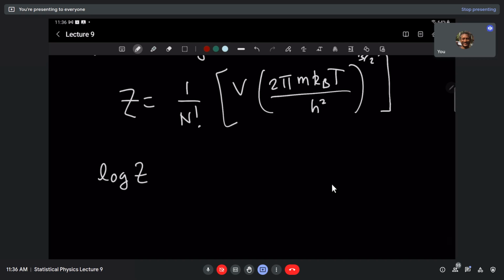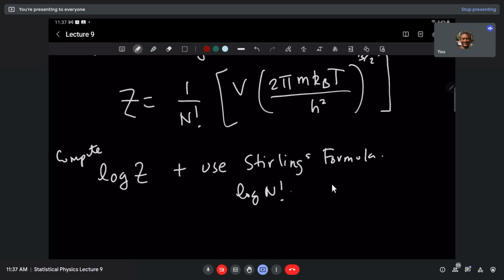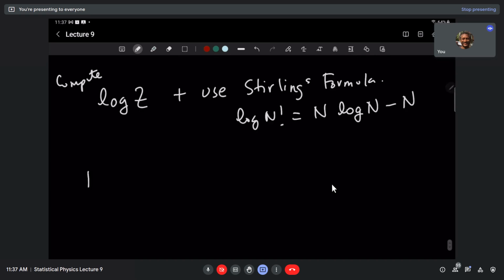So you compute log z, then use Stirling's formula. It says that we'll take logs, right? So log n factorial. What is log n factorial? n log n minus n, right? So this is what you should plug in. And then you can go ahead and you'll get a formula for the free energy by multiplying by kBT, etc.